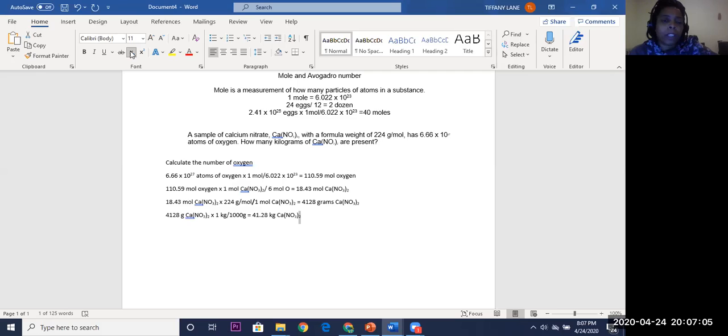How many kilograms of calcium nitrate are present? So the first thing, you have to know what a mole is, and I gave you my definition: a mole is a measurement of how many particles or ions are in a substance.